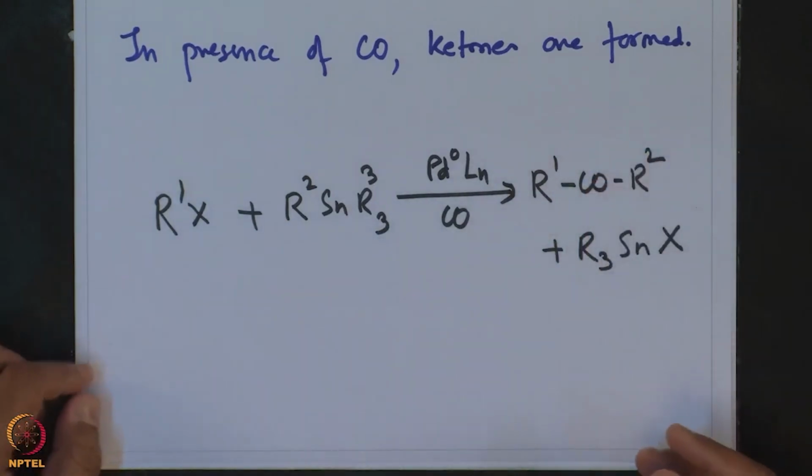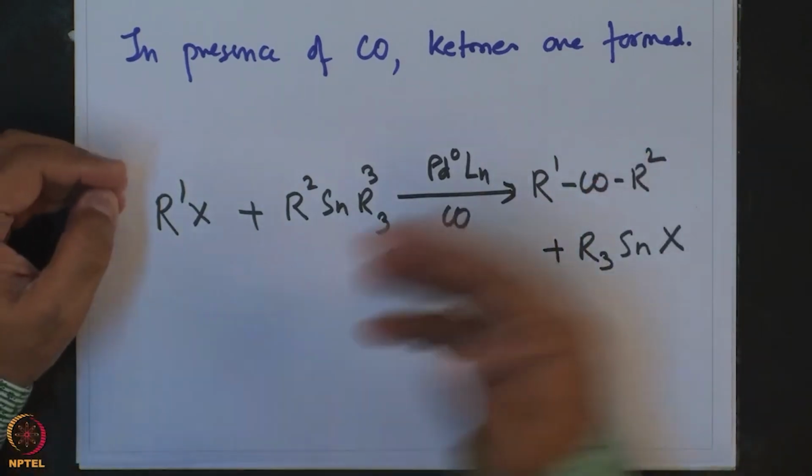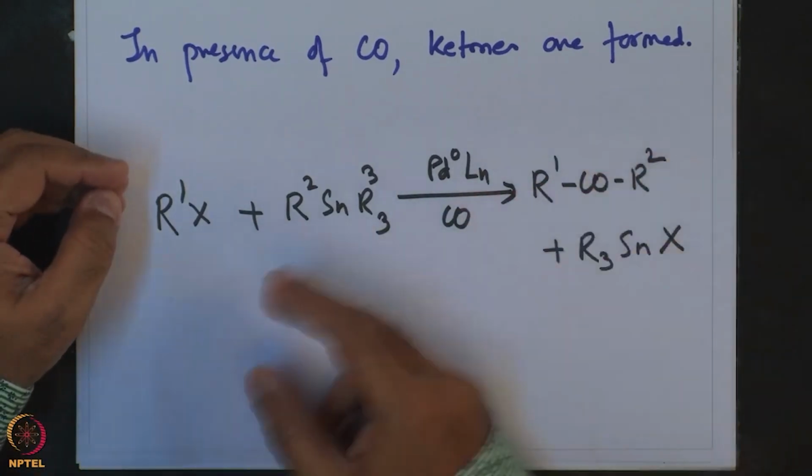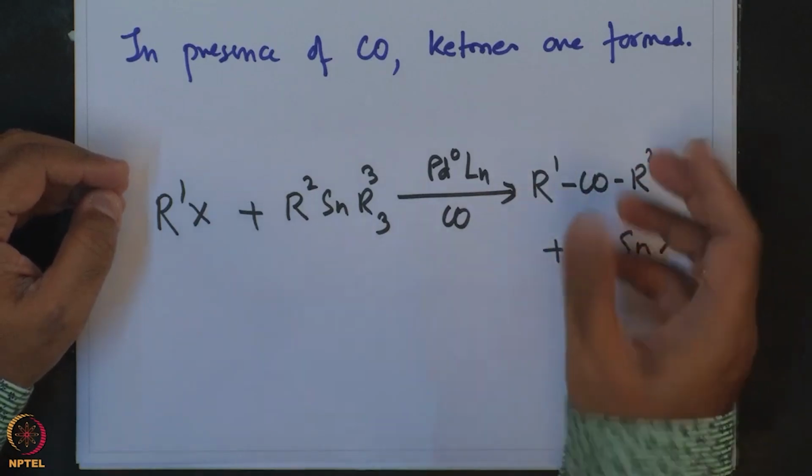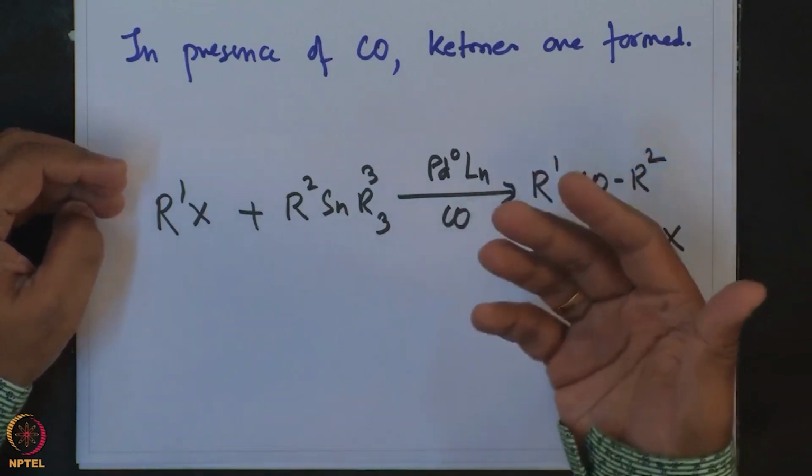So this says that in presence of CO there is a formation of ketone. One can see that the scope of Stille coupling is quite large: it not only makes the biaryl or C-C coupling, but it also can result in formation of carbonyl compound ketones when the reaction is done in presence of carbon monoxide.